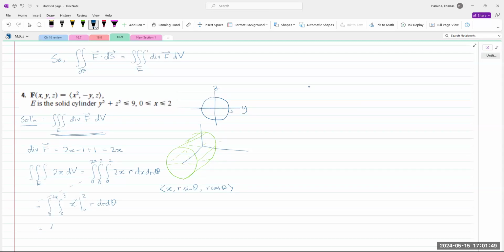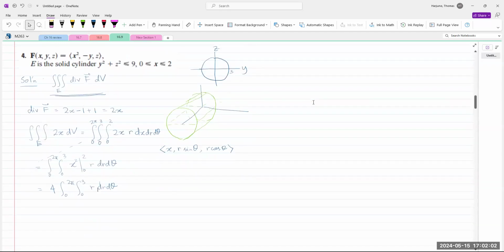So that will be 4 times the integral from 0 to 2 pi, the integral from 0 to 3, r dr d theta. But this is basically the area of that circle with radius 3. So the answer is 36 pi. Okay, that's the triple integral part.